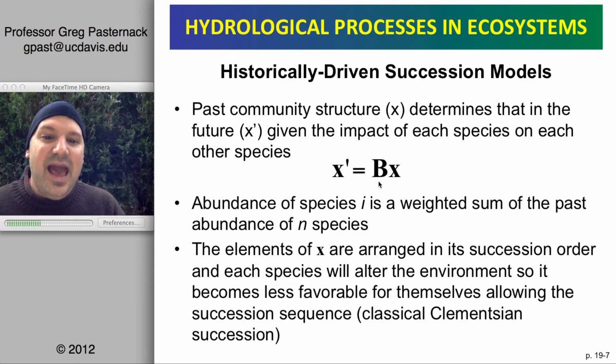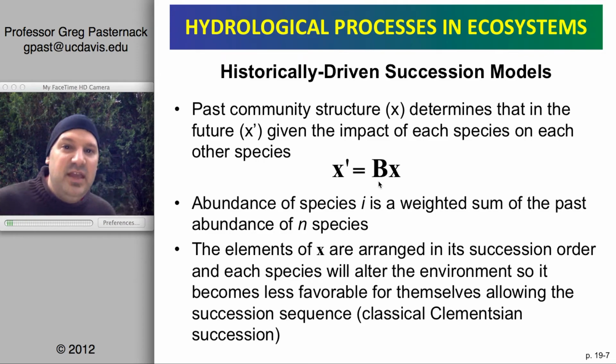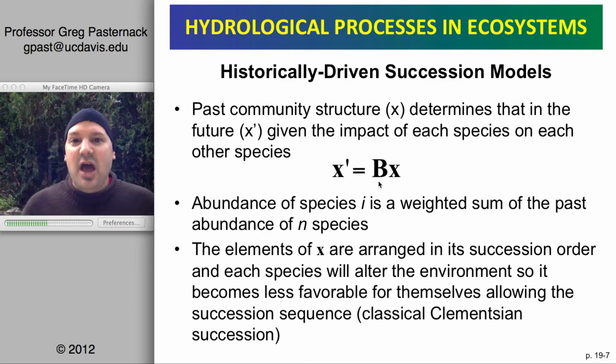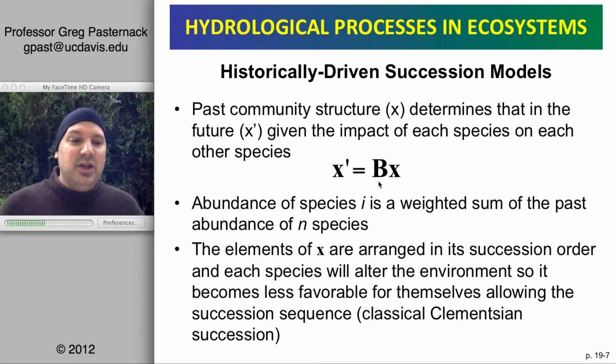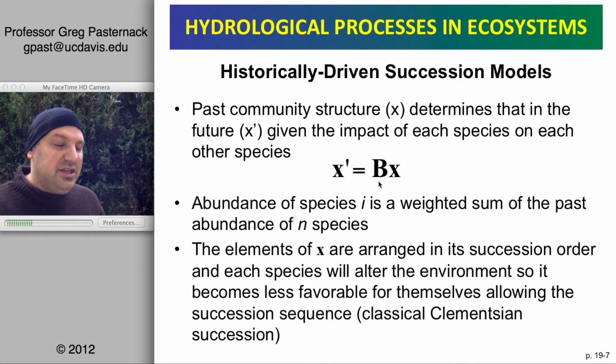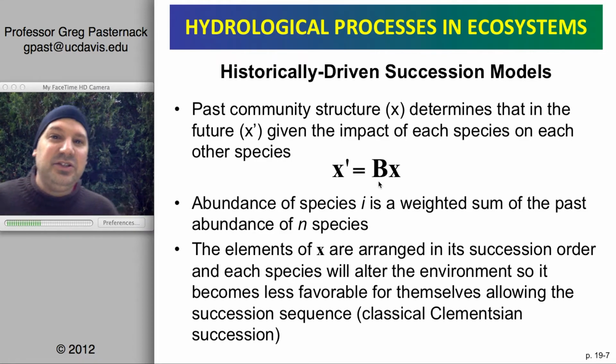So then what's capital B? Well, capital B is the effect of each species on each other species, as well as the effect of a species on itself. So the past population sizes, presumably, then there's all these interactions among those individuals, and that leads to new population sizes.